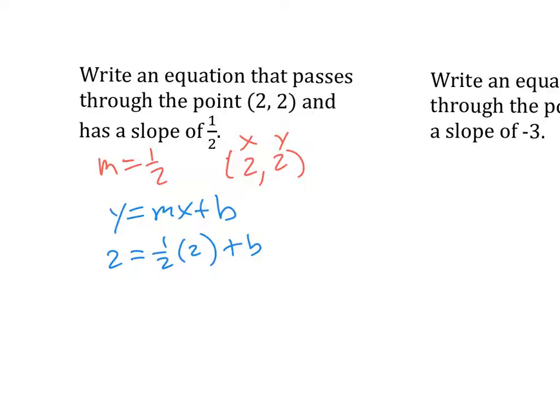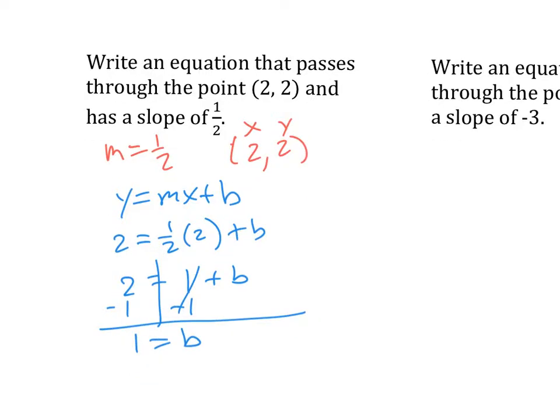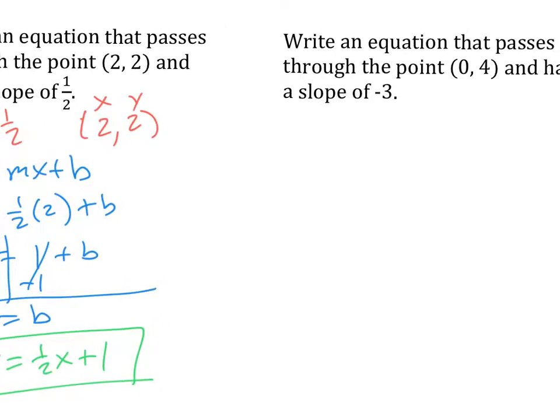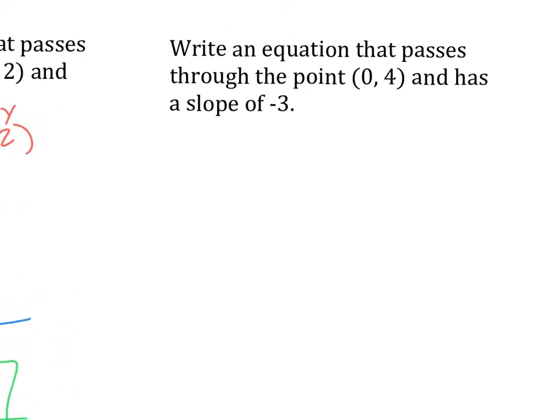Well, 1/2 times 2, 1/2 and 2 are actually inverses. 1/2 times 2 is going to give us 1. And we'll be left with 2 over there, plus b. To get rid of a positive 1, we want to subtract 1 on both sides. So we get 2 minus 1 is 1 is equal to b. And we can write our full equation with y equals 1/2 x plus 1 as our final answer.